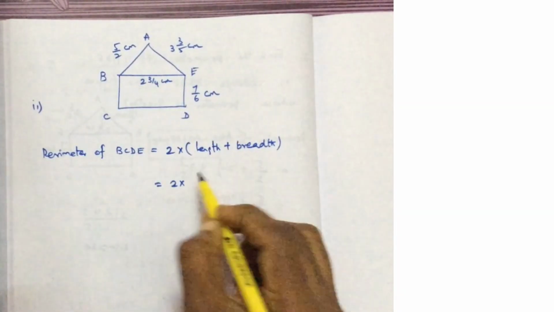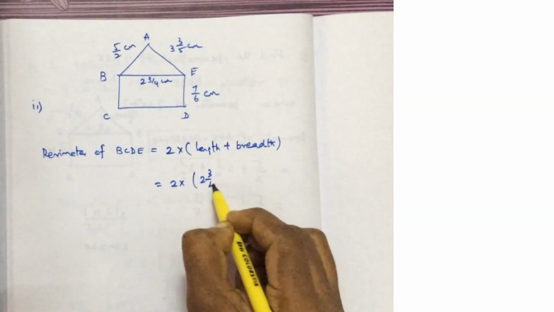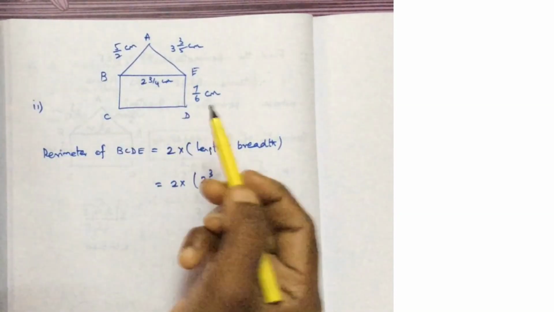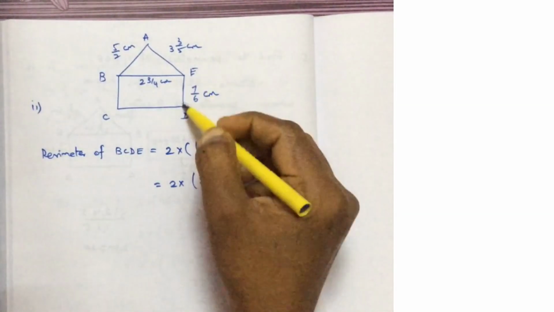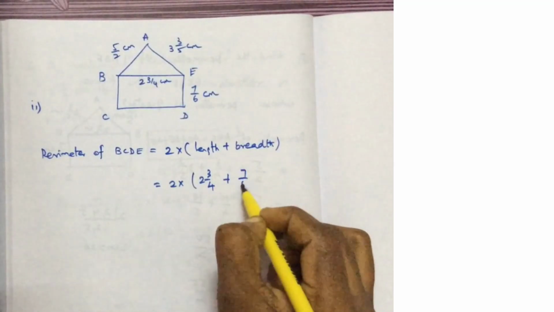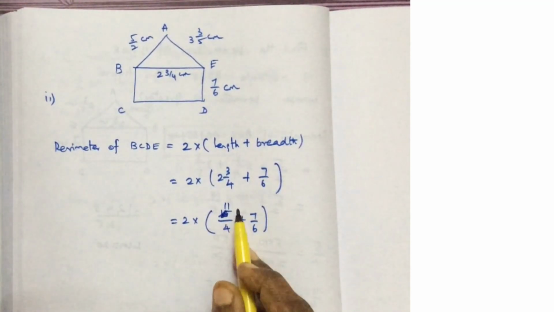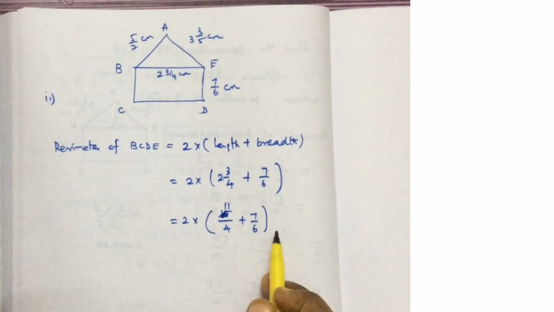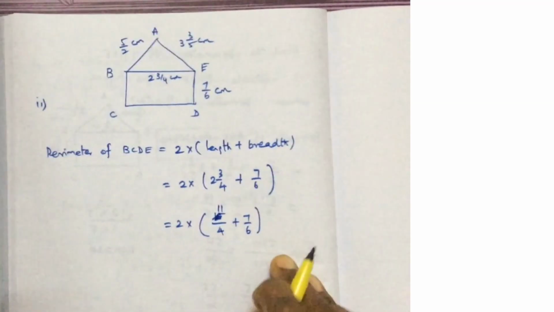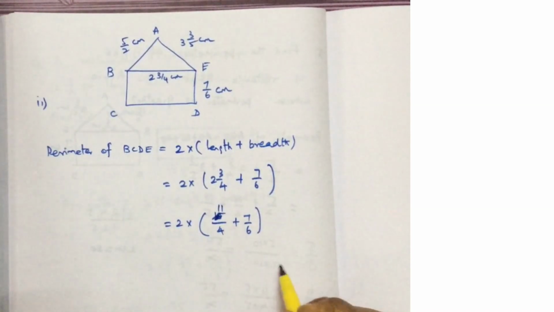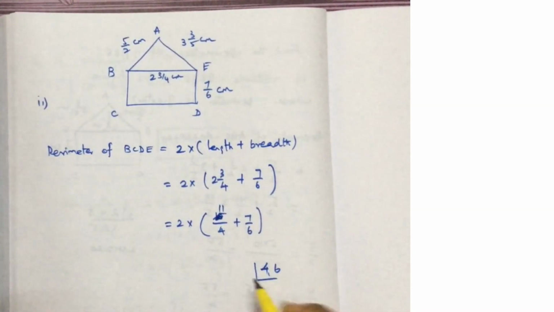This is the length, so 2 3 by 4. Both lengths will be the same. Plus this is the breadth, that is 7 by 6. So that is equal to 2 multiplied by 11 by 4 plus 7 by 6. Now here the denominators are different, 4 and 6.